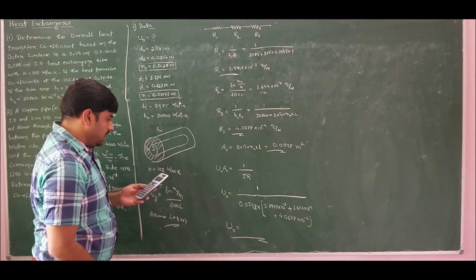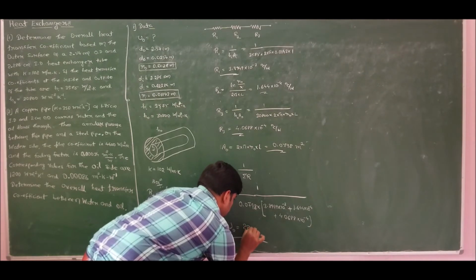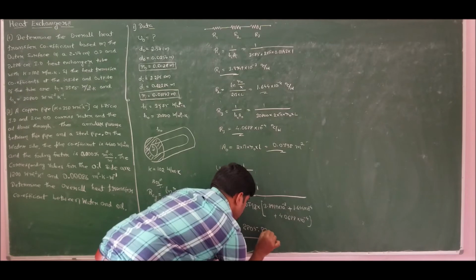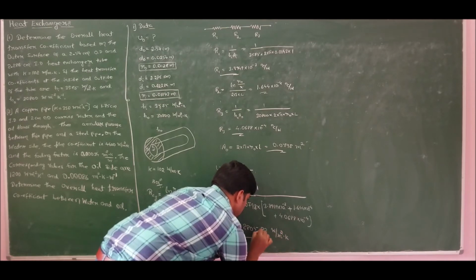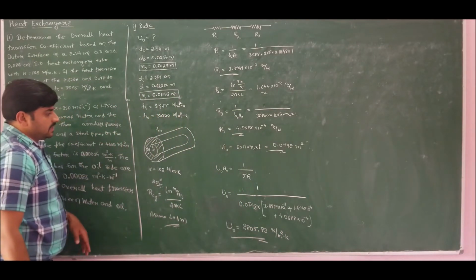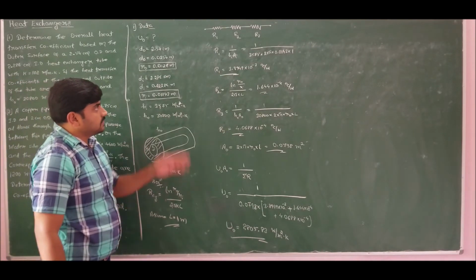If I solve, I will get the answer as 2805.83 watt per meter square per Kelvin. So this is the solution for the tube-in-tube heat exchanger overall heat transfer coefficient based on outside surface area.